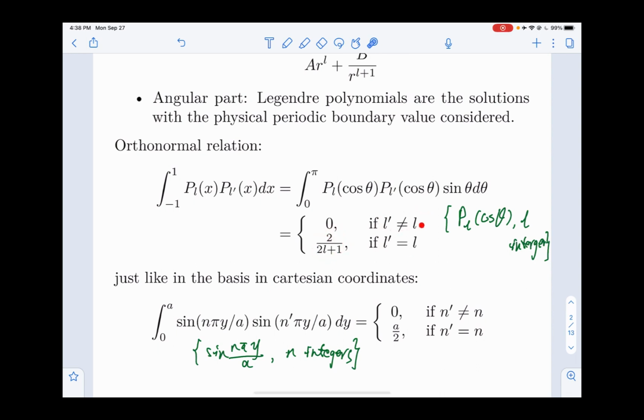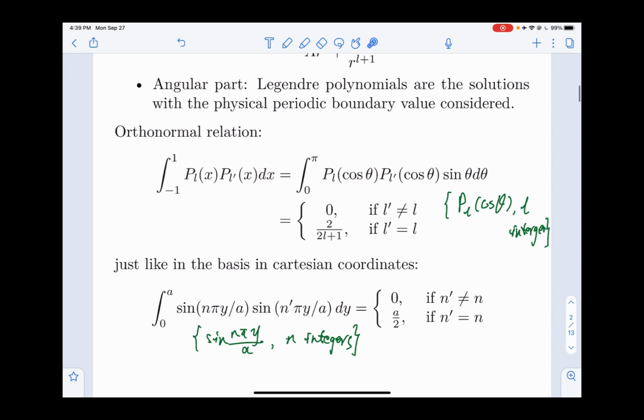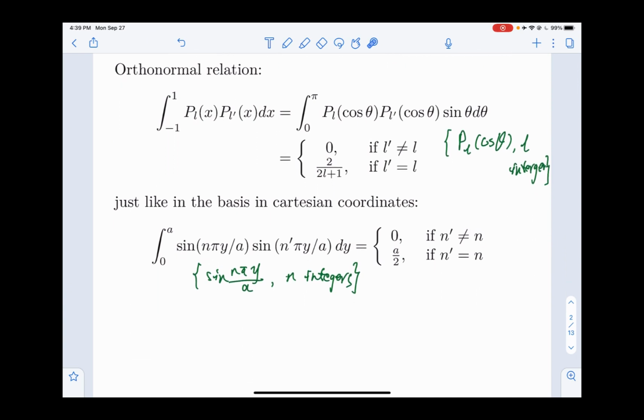And if l is not equal to l prime, then the integral is exactly 0. This orthogonality relation can help us calculate the coefficients, the C_n that we will be using later when we deal with problems. Just like how we calculate the C_n for the Cartesian coordinate basis, in spherical coordinates we still use the same trick to calculate this coefficient.